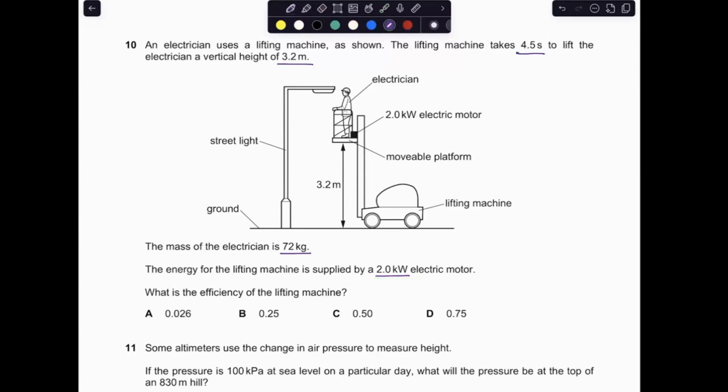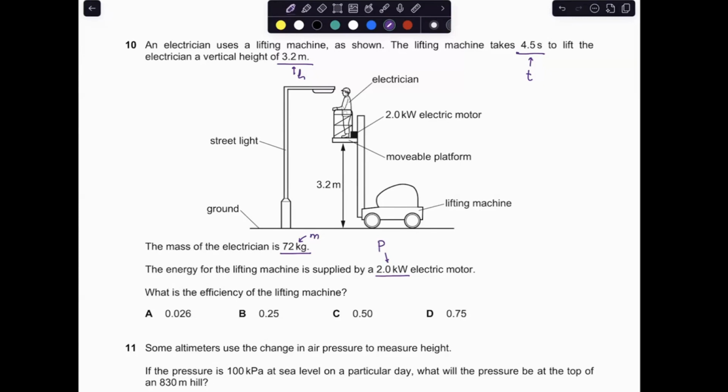And again, let's just mark the symbols. It will make things easier for us. This is P, that is T, and that is the height H. This is the mass, that's M. Now the energy for the lifting machine is coming from the motor, and the motor has a power of 2 kilowatts.